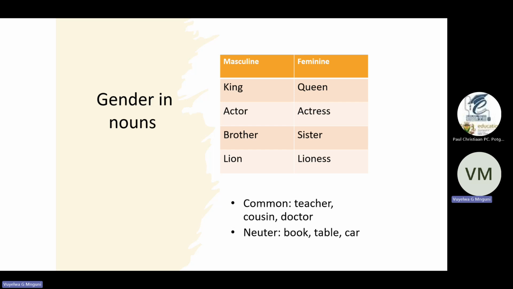So a teacher is a teacher, whether male or female. Cousin is cousin, whether male or female. So is doctor. For neuter, remember we said there is no gender here. We have a book, a table, a chair, and so many more.